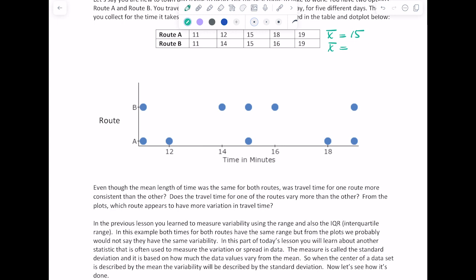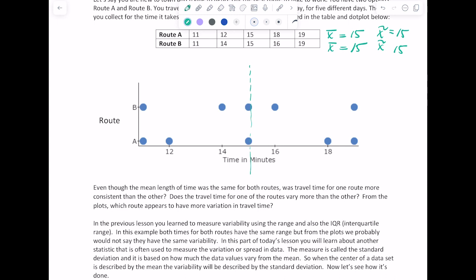So 11 plus 14 is 25, plus 15 is 40, plus 16, plus 19 is, again, 75 divided by 5, so 15. So the average and the median for both data sets is 15. Both of my graphs are going to be symmetric if I was to plot this. If you look at the dot plots, if I draw a vertical line down the center, for B and A, it's symmetric. The left side should look very similar to the right side, if not the same. So how do I know where there's more variation?